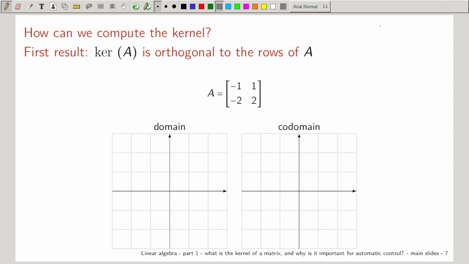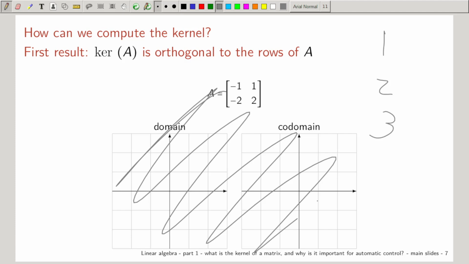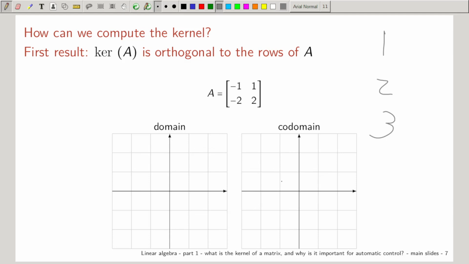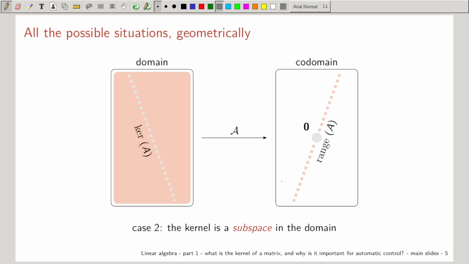How much are we together up to now, people? Is having a kernel different than 0 related somehow to having linearly dependent A's? Or could we have a kernel different than 0 also if all the A's are not linearly dependent?